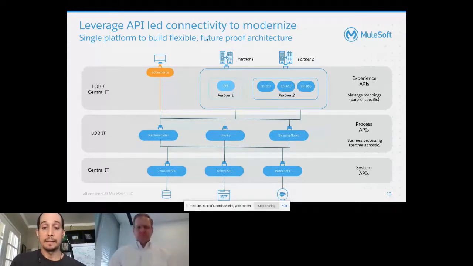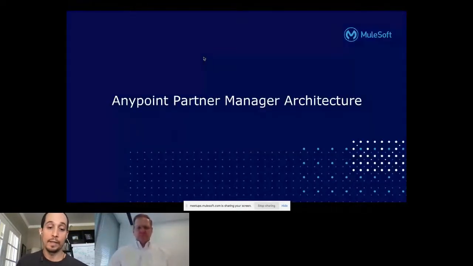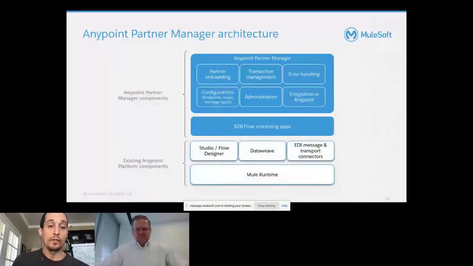Now, let's take a look under the hood of what is in the Partner Manager architecture. So you know already that Partner Manager is built on top of Anypoint, right? So this runs with the Mule runtime, flows and maps. Our mapping is done with DataWeave.